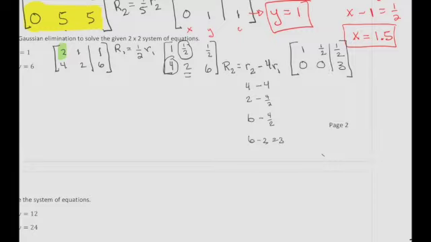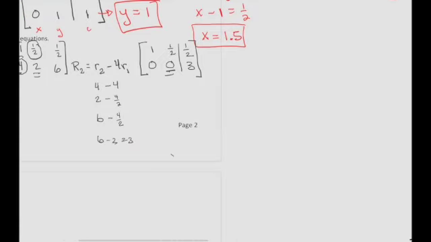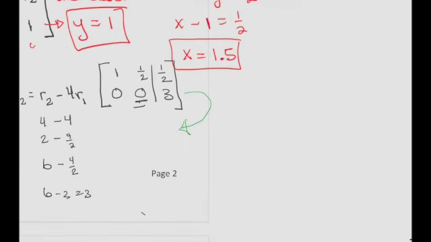This is very interesting because I can't get a 1 here now. This means 0x and 0y equals 3. What's 0x and 0y? It's 0. A little frowny face. Is that even possible? Can 0 equal 3?